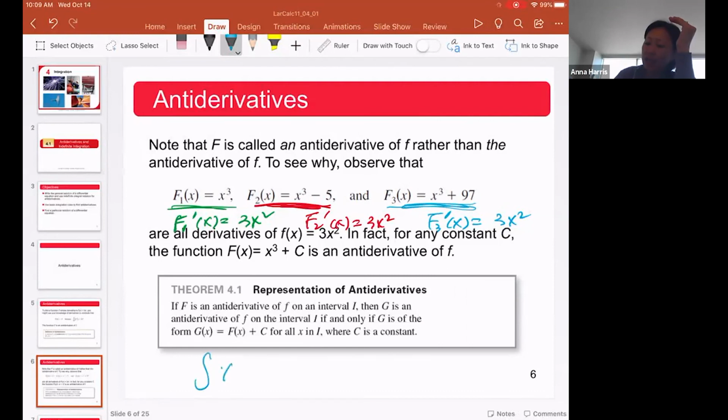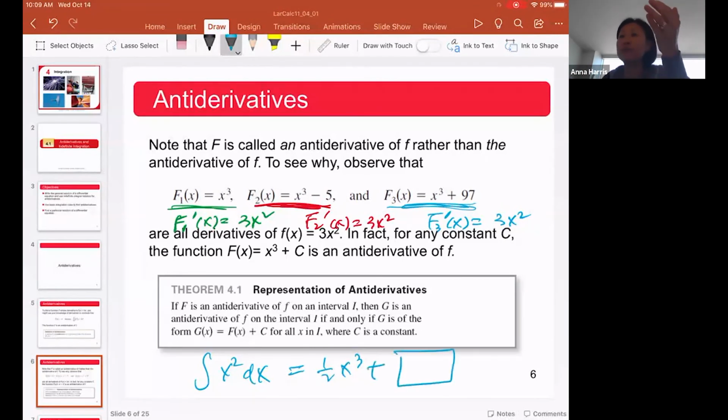So if I take the antiderivative of this, that would be 1/2 x to the third, excuse me. I'm going to show you in a minute, but for now, just watch me. That becomes 1/2 x to the third, but I'm not sure what to put in here as my constant term. Is it constant 0? In the first case, right here, your constant is 0.